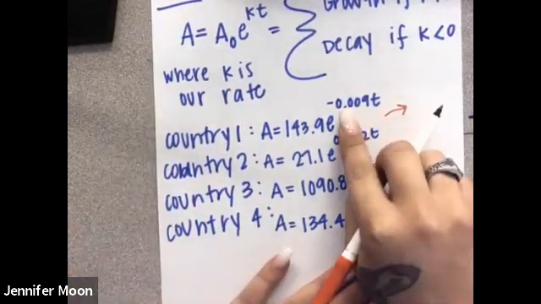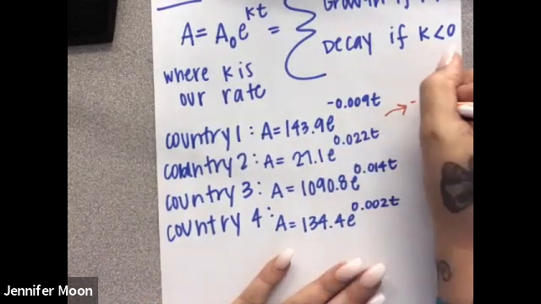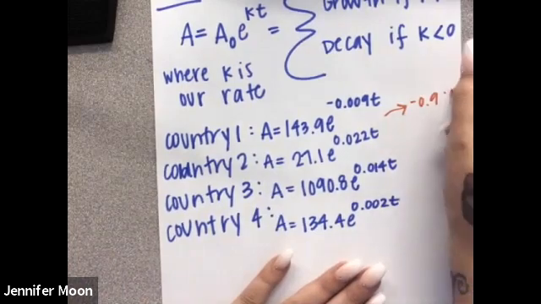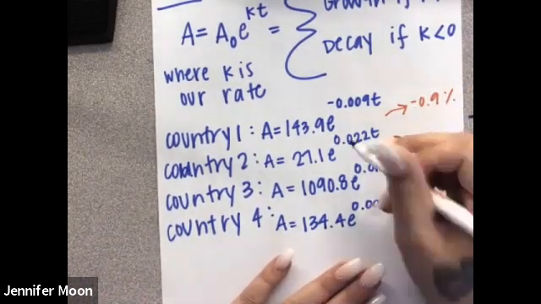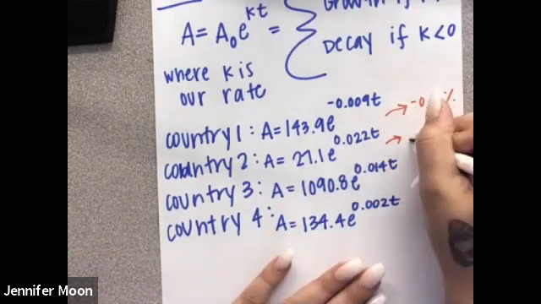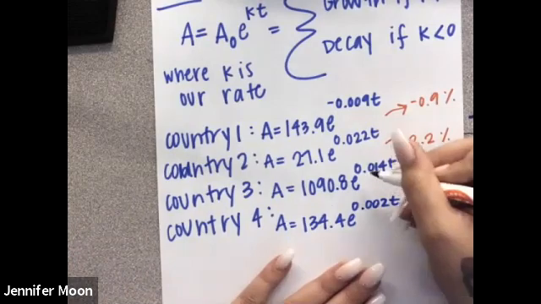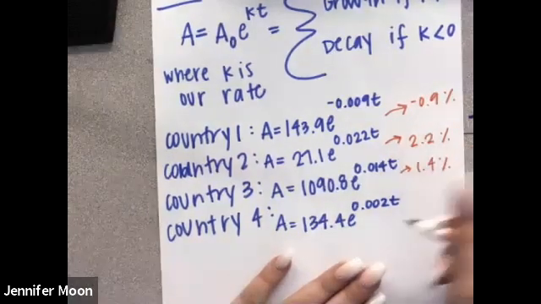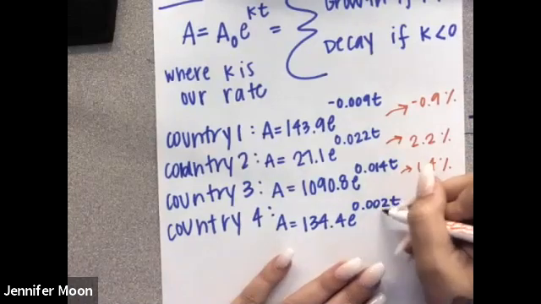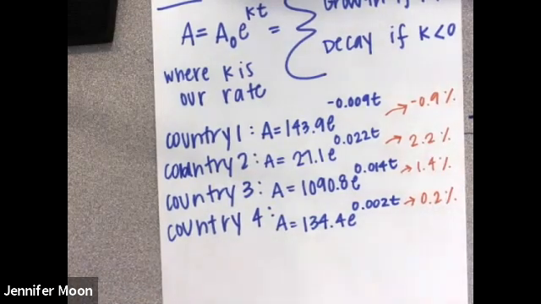So for this one, I would take my decimal, move it over 2 times, and I would get a negative 0.9%, right? Then doing it for country 2, I would move my decimal 2 times, and I would get 2.2%. Country 3, what is that? 1.4%. Country 4, I've got 0.2%.